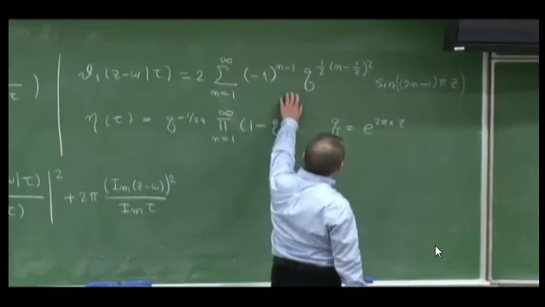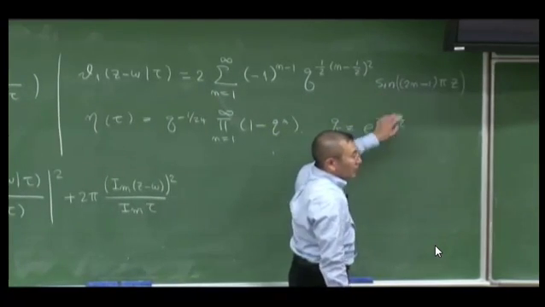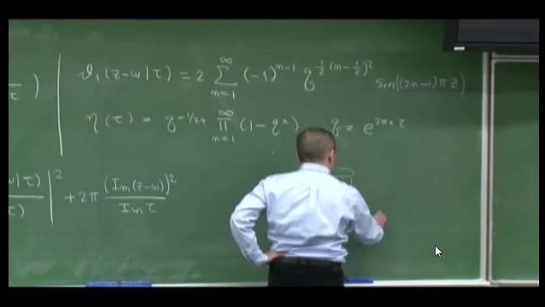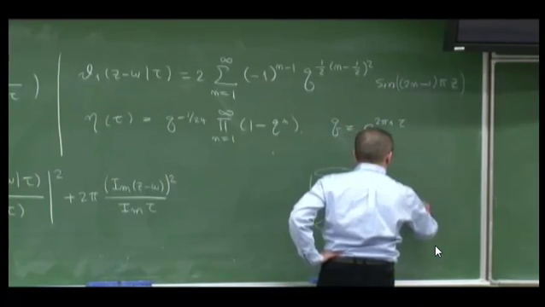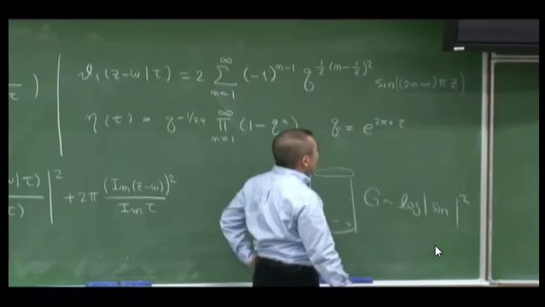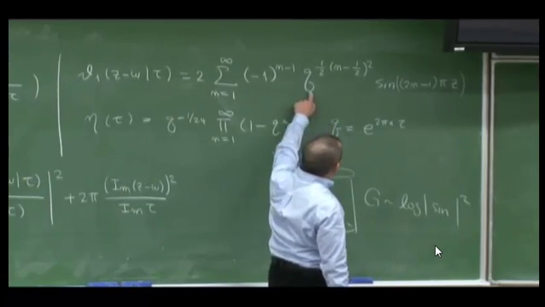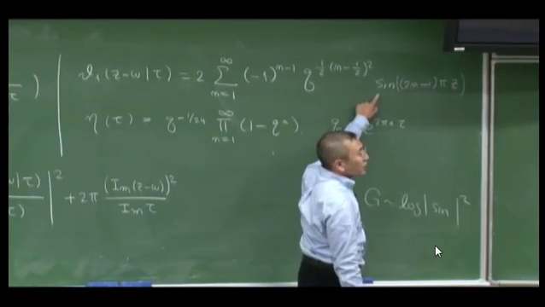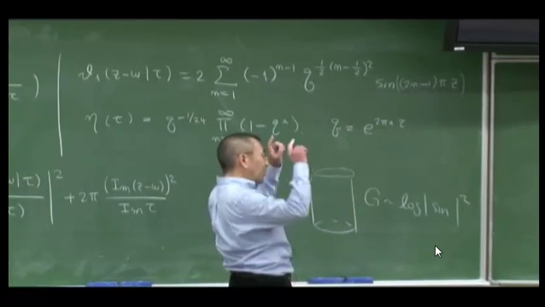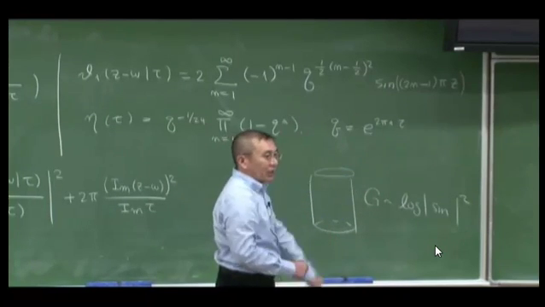Okay, so you see that the theta function is something like a superposition of the sine functions that we saw earlier. Remember that in the case of the cylinder, the Green's function is like the log of the absolute value squared of a sine function. So here in this definition of the theta function, we are summing over various different sine functions so that the periodicity can be restored. Periodicity can be imposed in both the one direction and the tau direction.